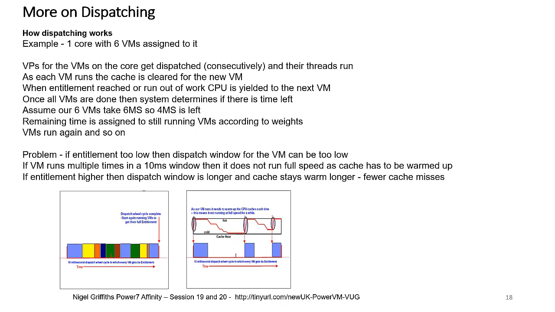So now I start running again and I have to add my stuff back into the cache. So I'm not running at full speed the whole time, and we end up getting cache misses. So the way to avoid that is to make sure that if a particular workload needs 6 milliseconds every time, then you need to make sure that your entitlement is set such that it gets that.